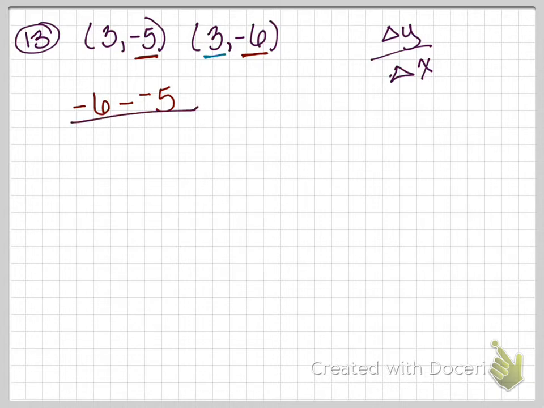Then I'm going to do 3 minus 3. -6 minus -5 becomes -1. What is 3 minus 3? 0. Is this slope undefined or is this slope 0?